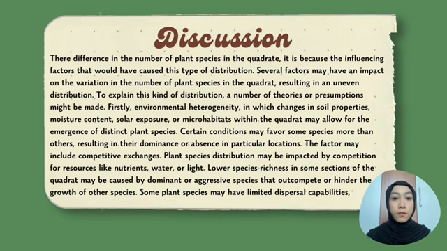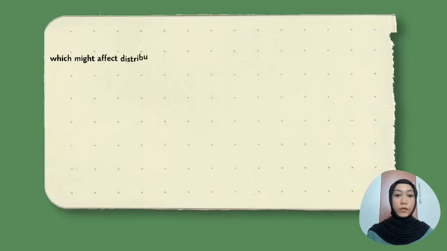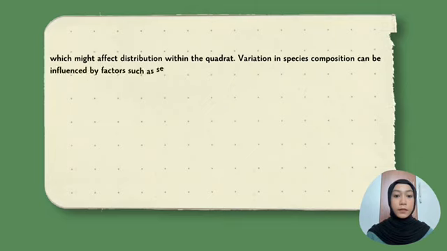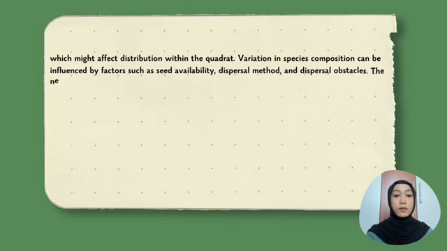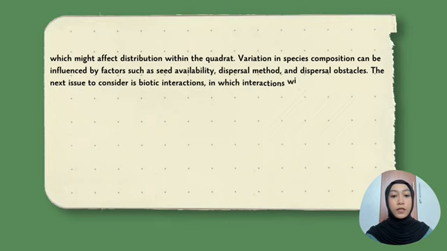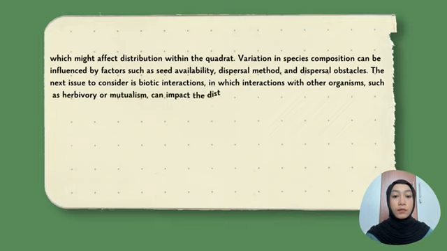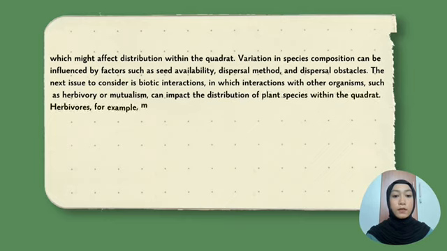Some plant species may have limited dispersal capabilities, which might affect distribution within the quadrat. Variation in species composition can be influenced by factors such as seed availability, dispersal method, and dispersal obstacles. The next issue to consider is biotic interactions, in which interaction with other organisms, such as herbivory or mutualisms, can impact the distribution of plant species within the quadrat.